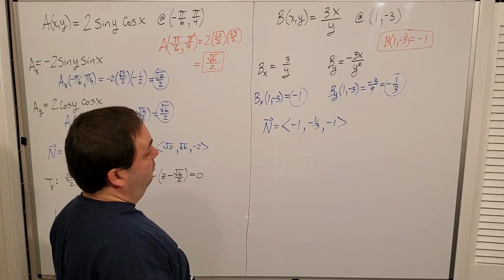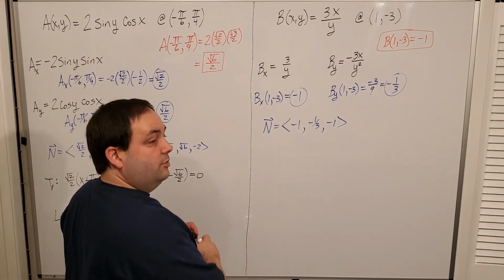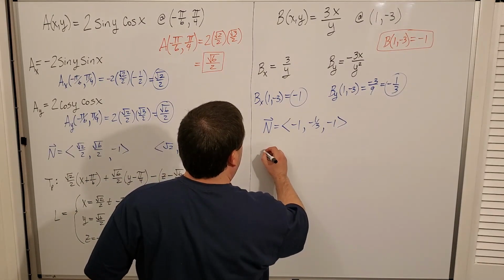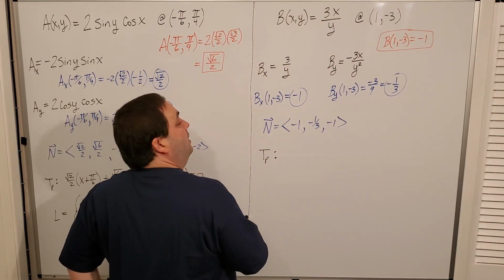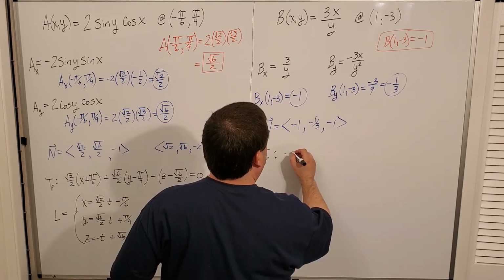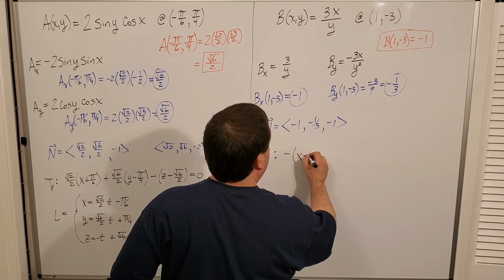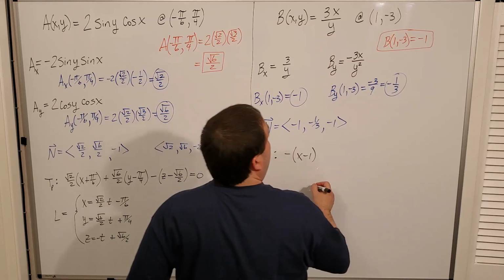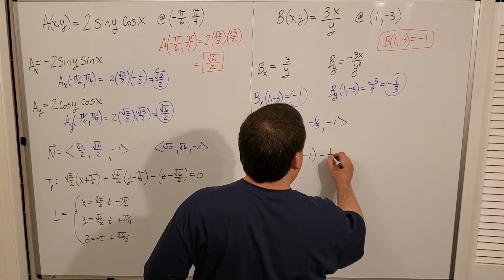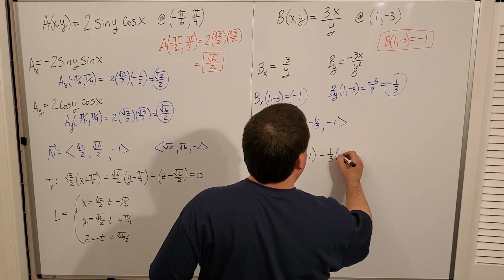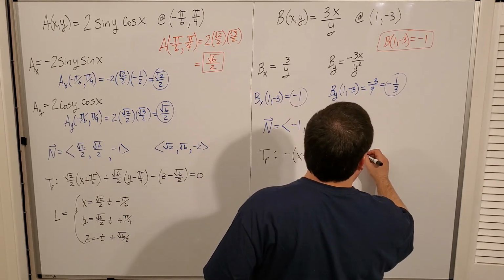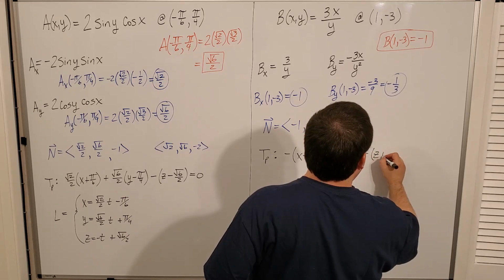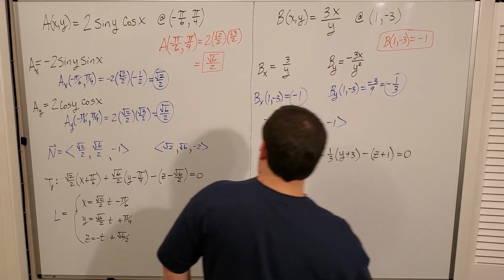And then we can create our tangent plane and normal line. The tangent plane at point P is going to be negative 1 times x minus 1, minus 1/3 times y plus 3, and then minus z plus 1 is equal to 0.